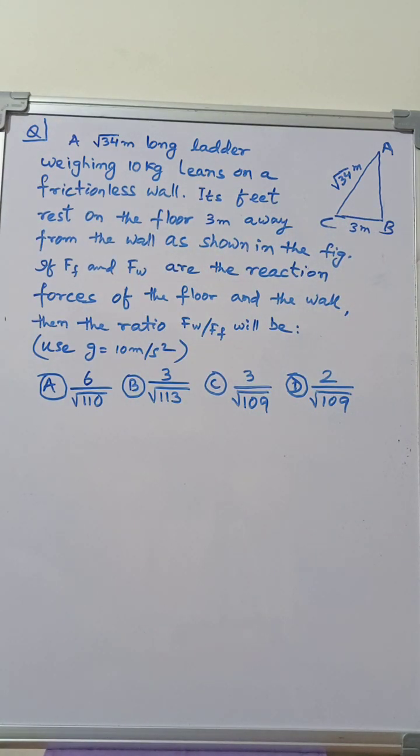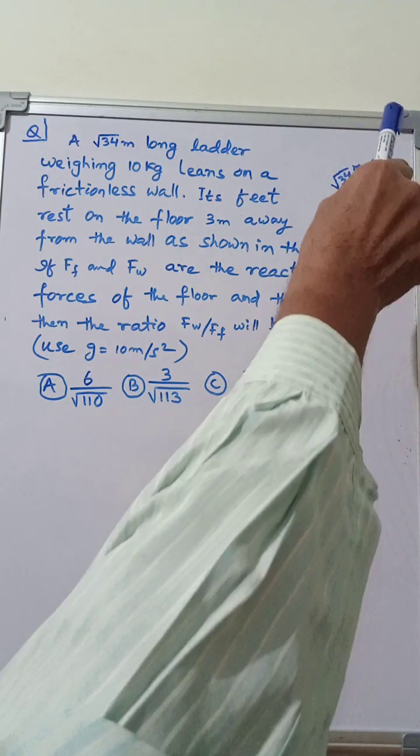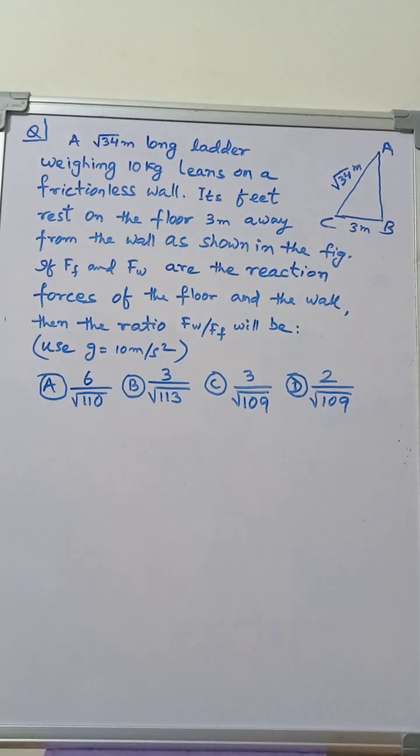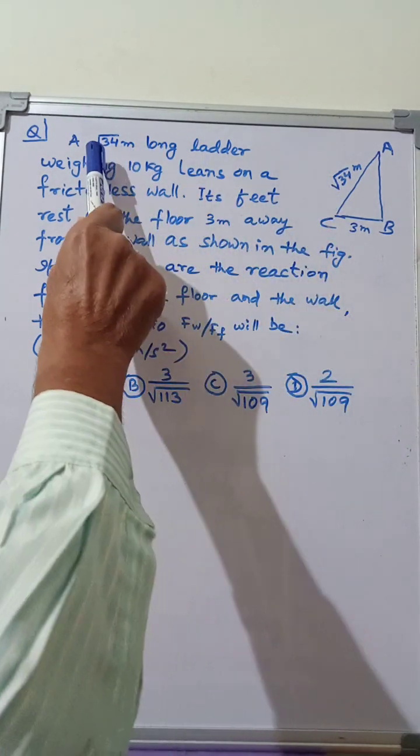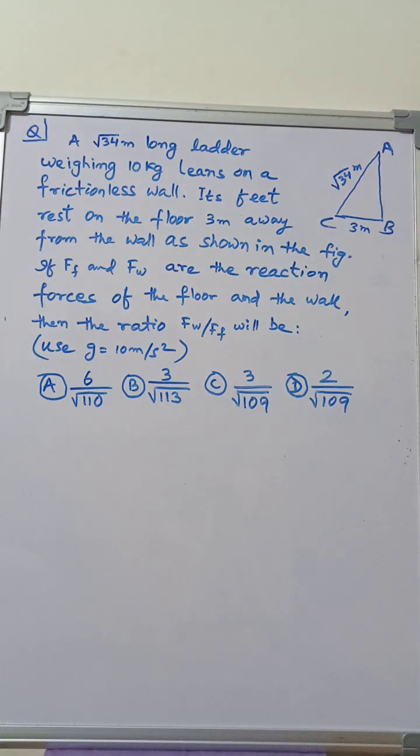A ladder AC is leaning against a smooth vertical wall AB. The length of the ladder AC is equal to root 34 meters, and its weight is equal to 10 kg. Foot of the ladder C is at a distance 3 meters from the wall.